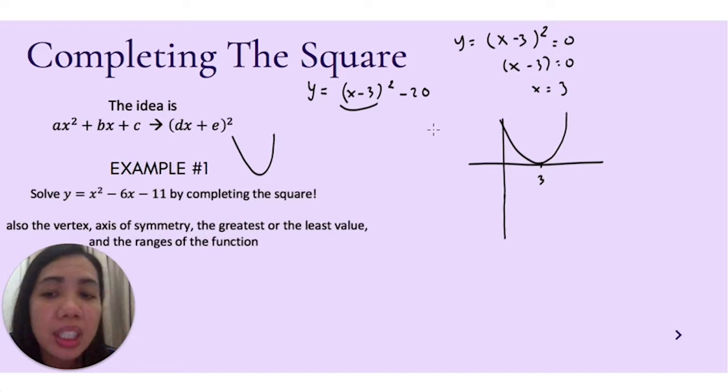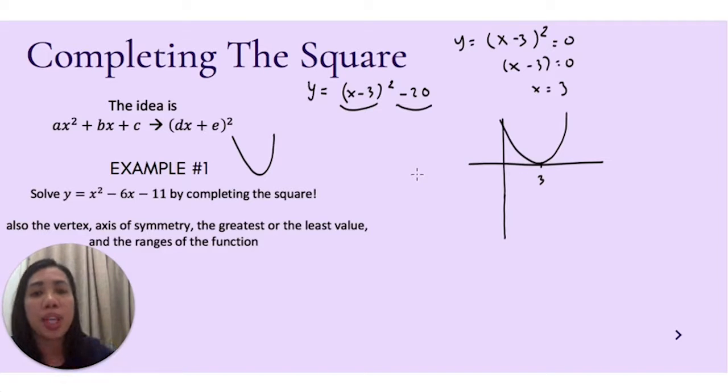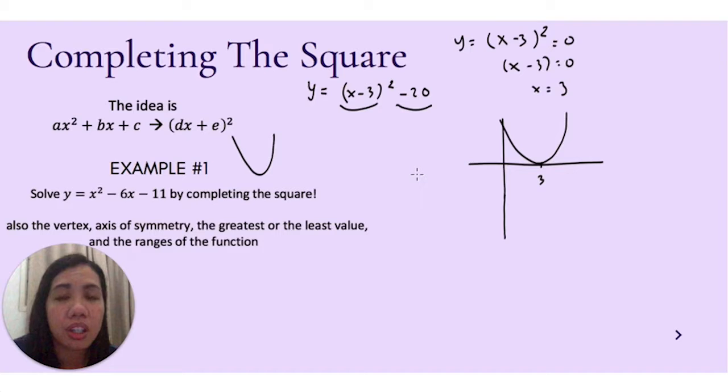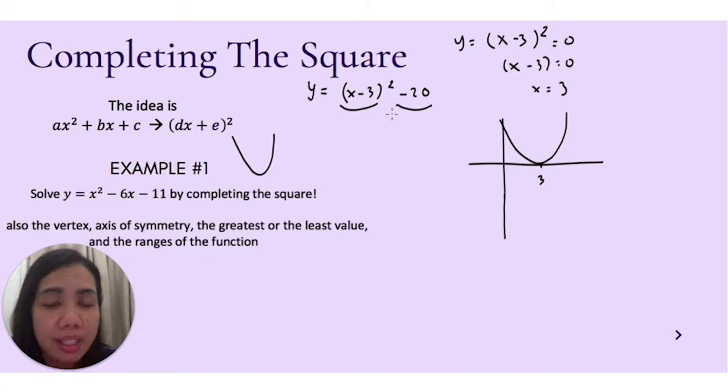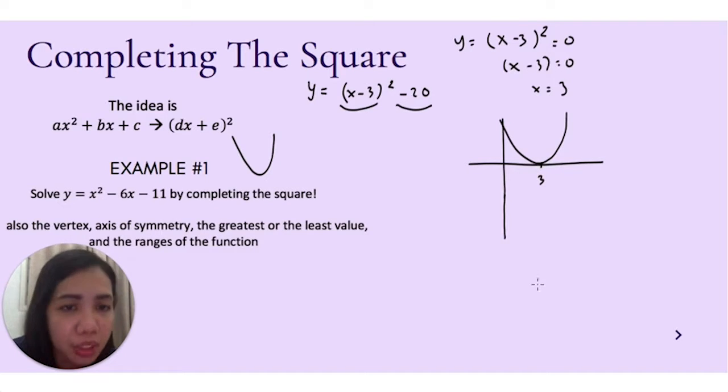Actually, we don't have only this. We actually have another part, which is minus 20. What does it mean? If we have another part which is minus 20, it means that the parabola will go down, because this is minus. The minus means the parabola will go down as far as 20 units. So for example, here is y equals 0.